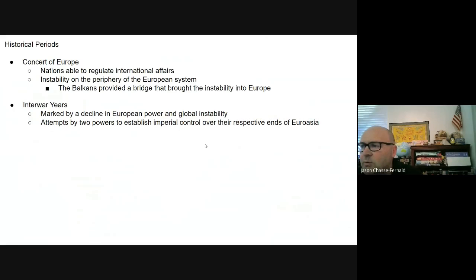Then following World War I, we see a new attempt at the international system during the interwar years. This is the period of the League of Nations, right? Following the Treaty of Versailles in 1919, we see the rise of the League of Nations, but this is a period also marked by the decline of European power and global instability. This is the beginning of decolonization of Europe, right?